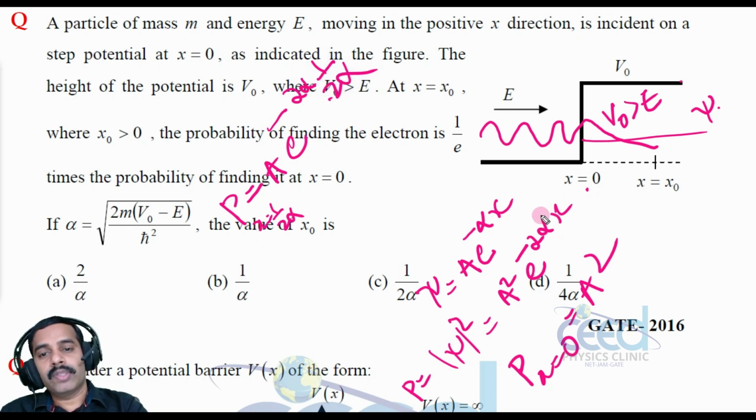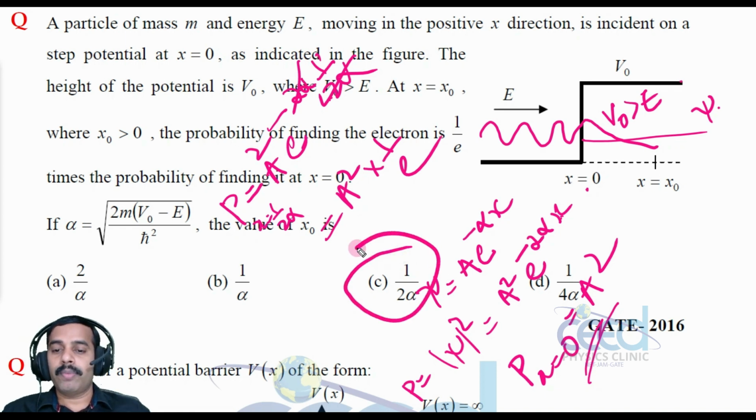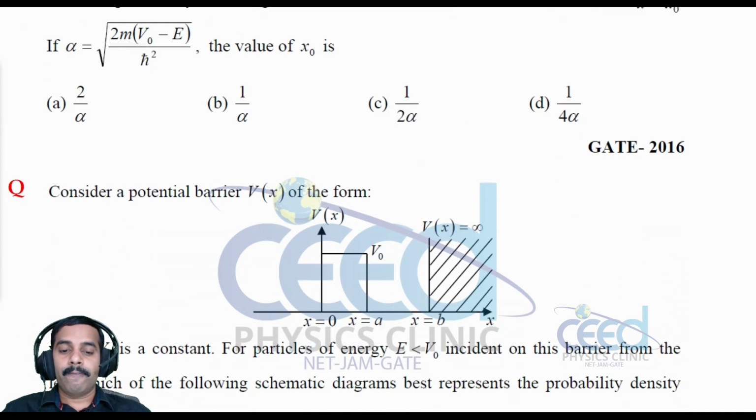The 2 alpha cancels, so this becomes a square into e raised to minus 1, which is 1 by e. So whenever you put x equal to 1 by 2 alpha, the probability becomes 1 by e times the probability at x equal to 0. So the x value is 1 by 2 alpha. Beautiful question. Now let us come to another question.